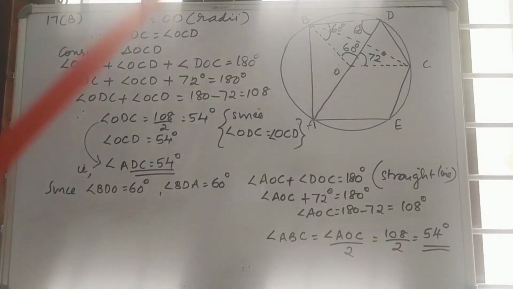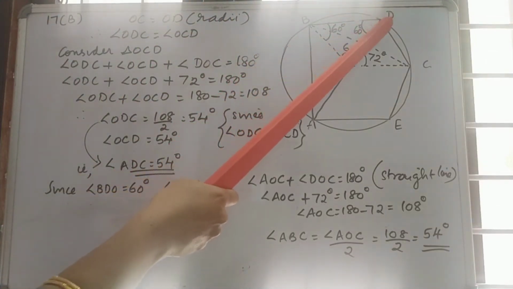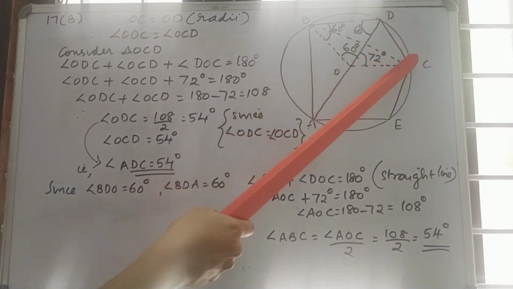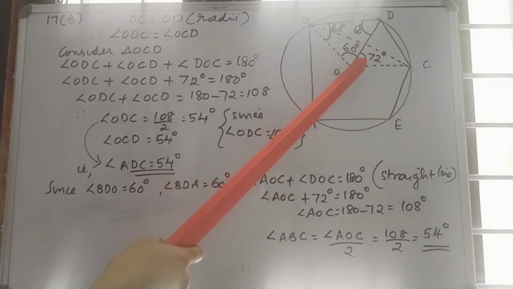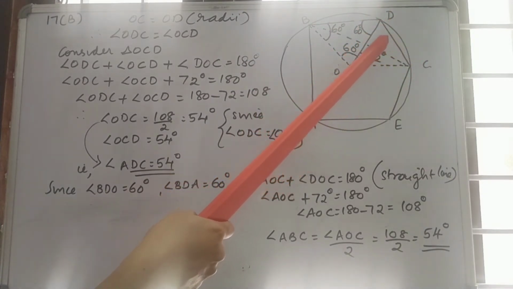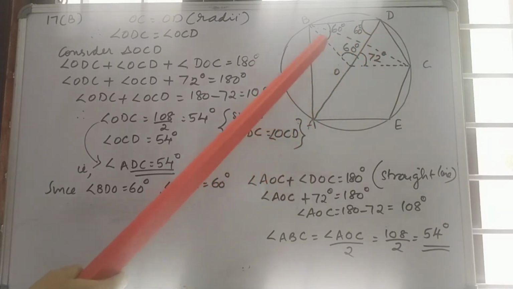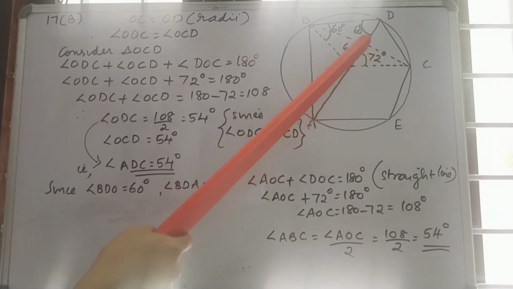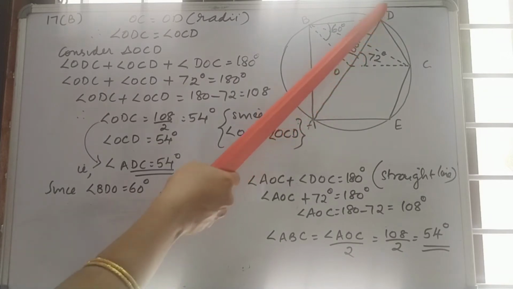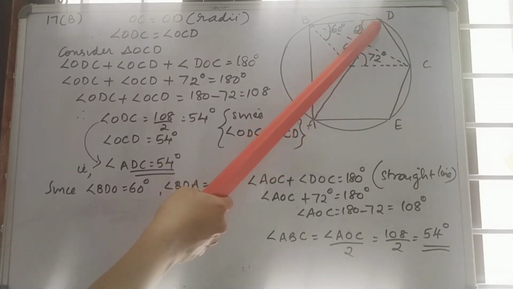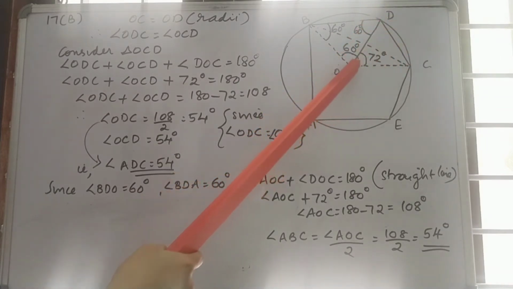Same as the first triangle OBD, we can consider the triangle ODC. OD and OC are the radii of the circle. So the angle opposite to OC is ODC, and this will be equal to OCD.